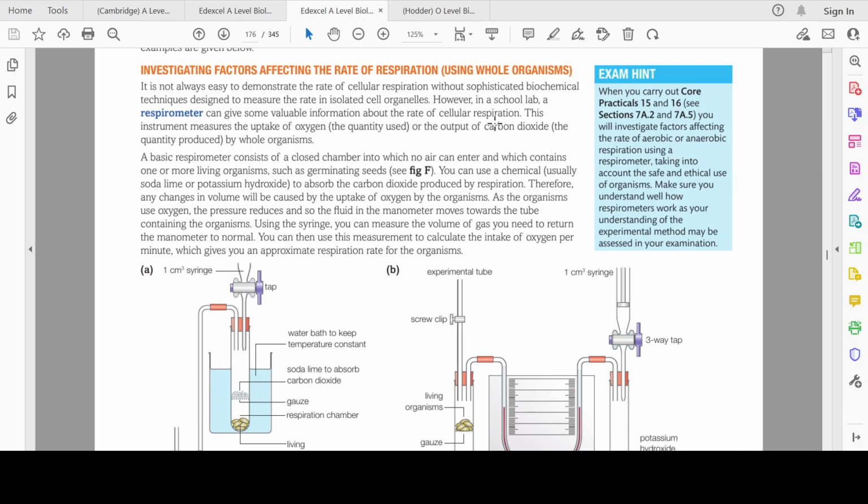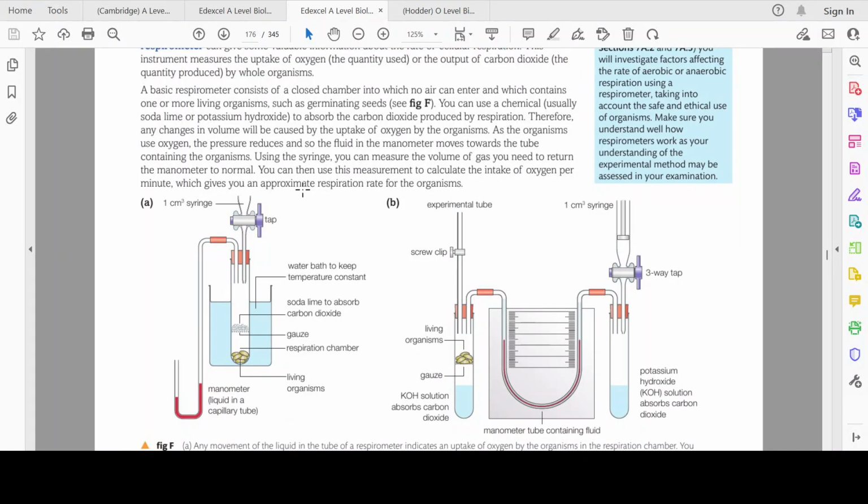So they're going to measure the uptake of oxygen or the output of carbon dioxide by whole organisms. And that whole organism can be a small insect or germinating seeds, whatever is respiring. So a basic respirometer consists of a closed chamber in which no air can enter, and contains one or more living organisms.